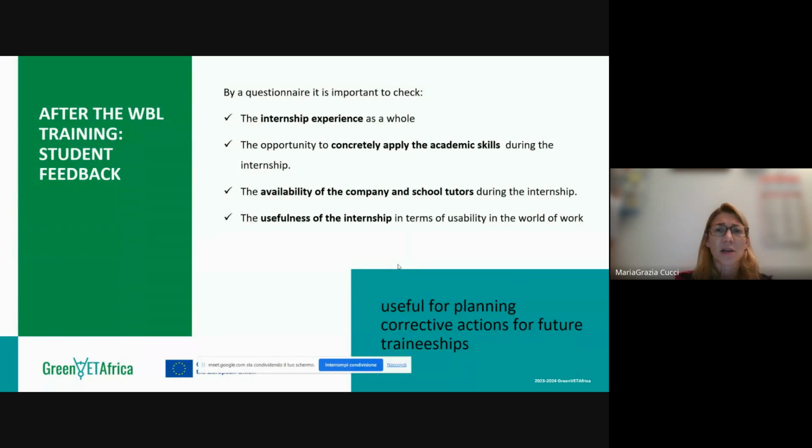We can use this information also to understand whether it is important to bring the skills that the student learned inside the company to the school and vice versa.